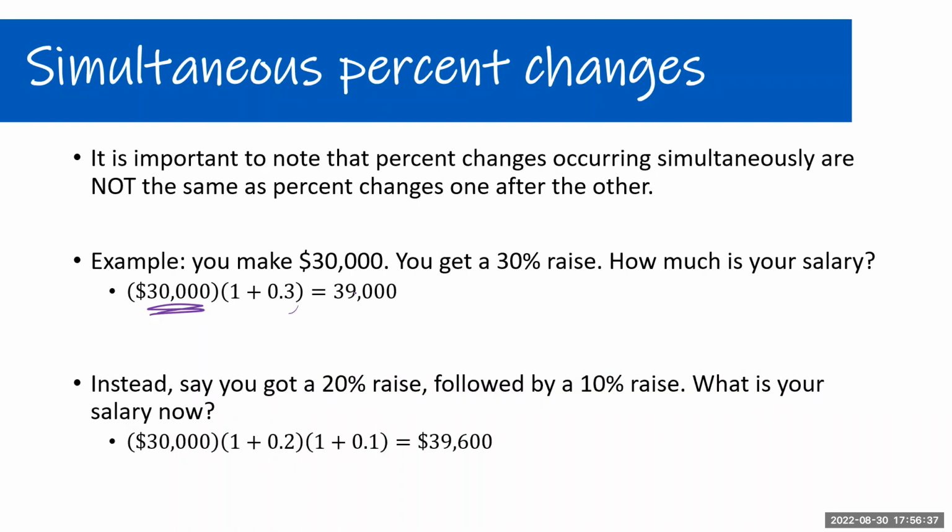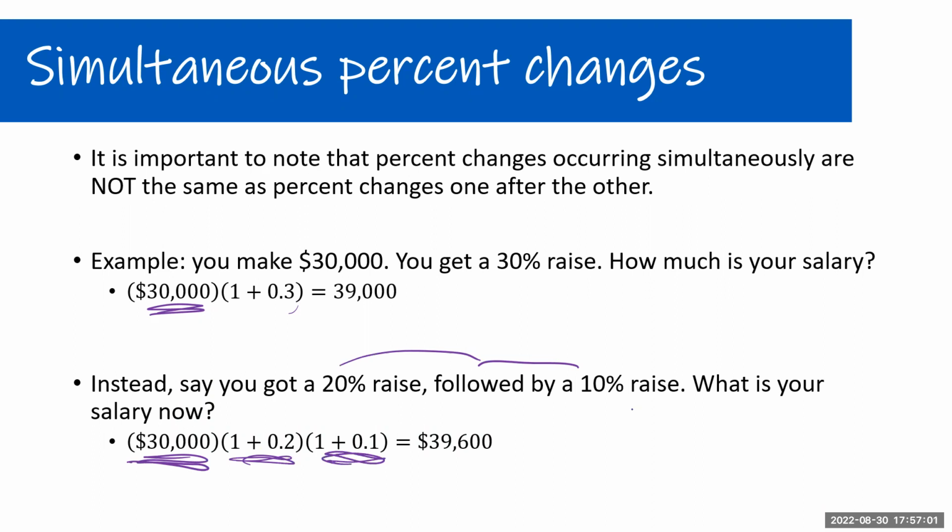Now, on the other hand, if I say, hey, you're getting a 20% raise, and then you're going to get a 10% raise the next week. Okay, so we're still getting 20% and 10%, and those technically you may in your head say, well, that adds to 30%. It should be the same, but it's not the same. If we do them consecutively, we say, okay, well, we started here, then we went here, then we went here.